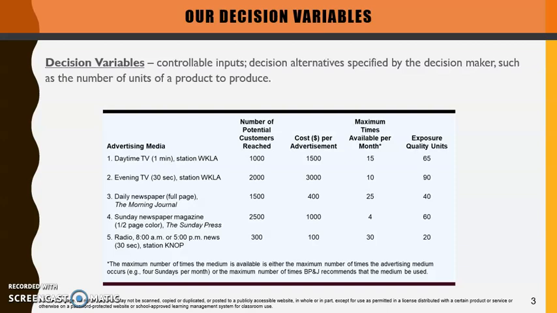We want the model to tell us about the advertisement plan. The advertisement plan should tell us what mediums we should use. This is one part, and also it should tell us how many times we need to use each medium.